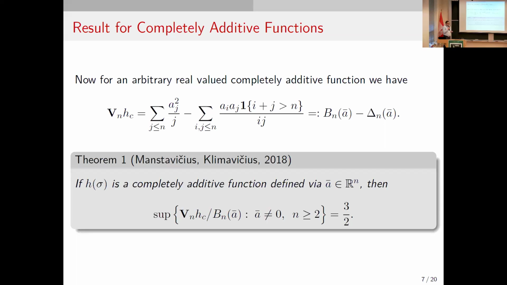And in 2018, it was proven that we can bound the variance of such function classes by its first term and by the constant 3/2, which is the same as for the number theoretical functions.